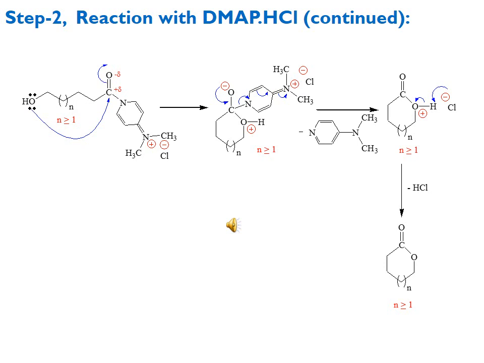So this is the overall formation of lactone by the Keck macrolactonization process, and the simplest mechanism has been described here in 2 steps.